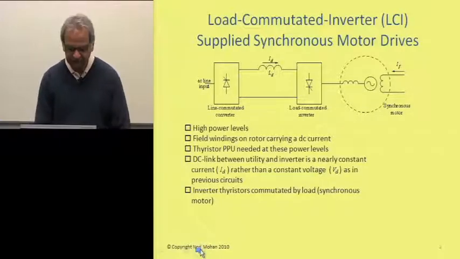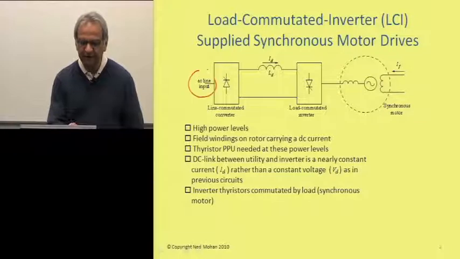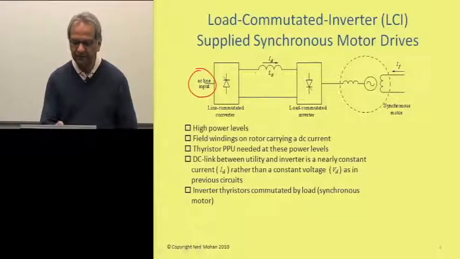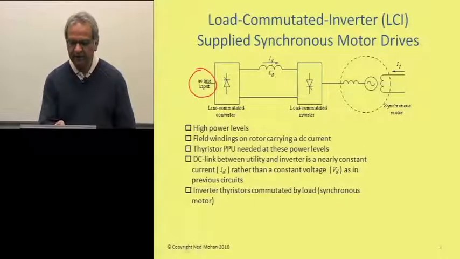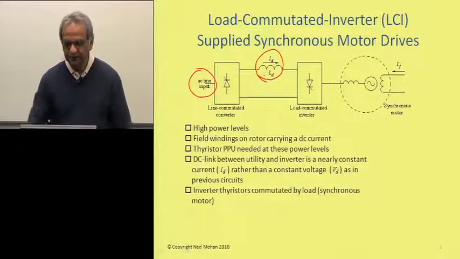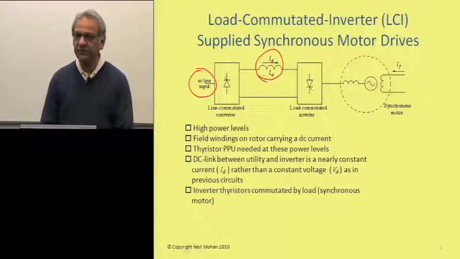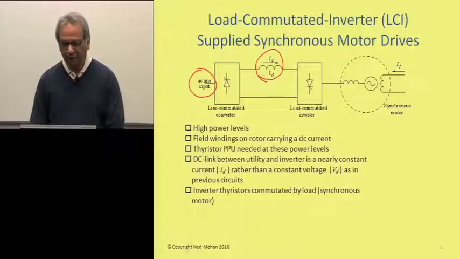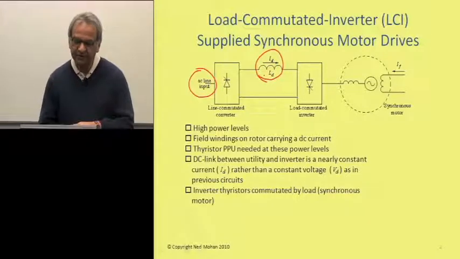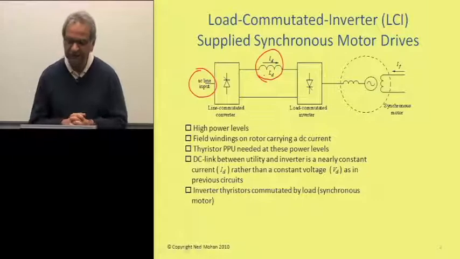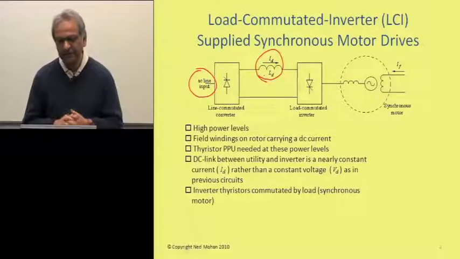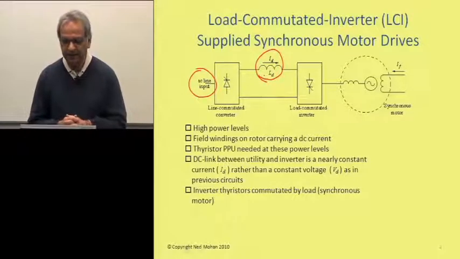So in this, the input is coming from the utility, and it's being converted to a DC current over here, which can be adjusted in magnitude. But unlike the previous schemes where we had a voltage here across a capacitor, here we have an inductor in series, and we are controlling the current through this inductor.